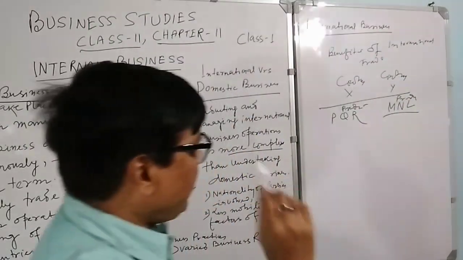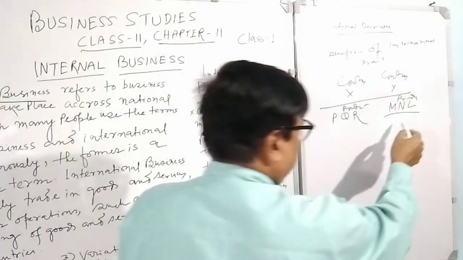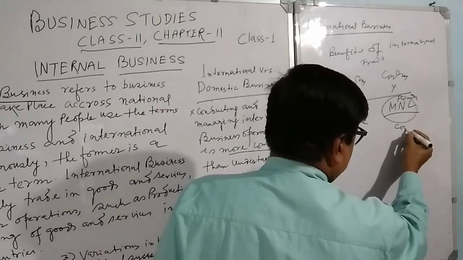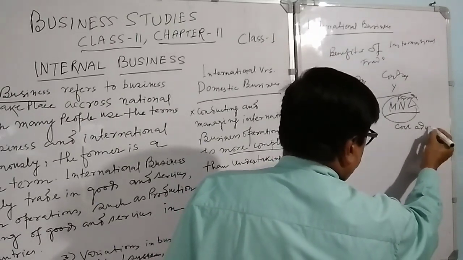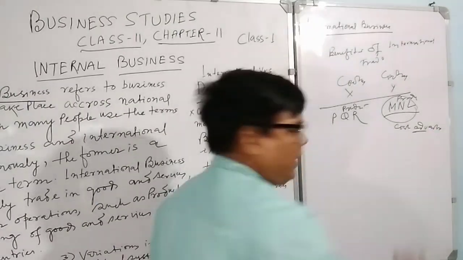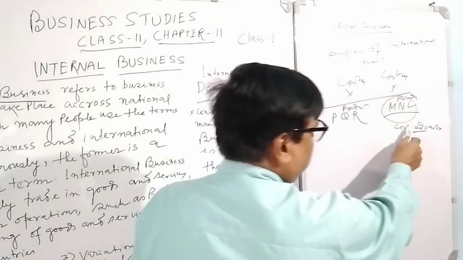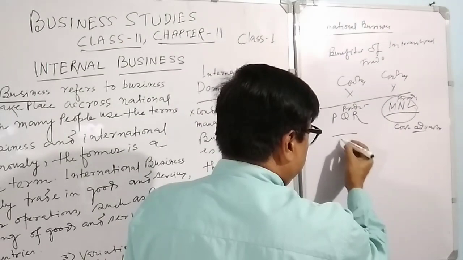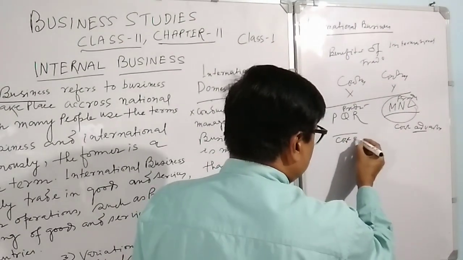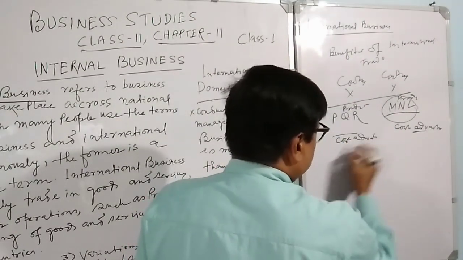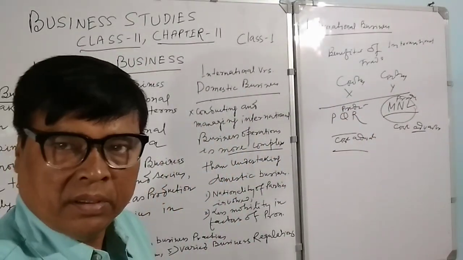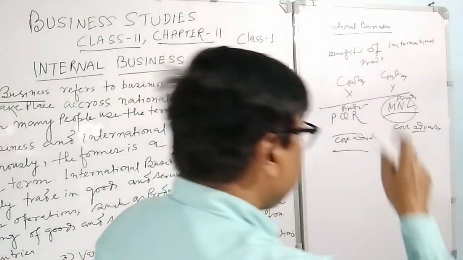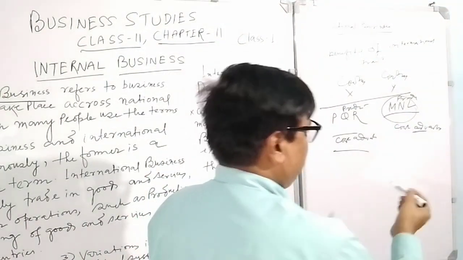So when this country X is in a cost advantageous position, they need not import those products, and country X is in a cost advantageous position for PQR. You understand that? Then in which situation would international trade take place?